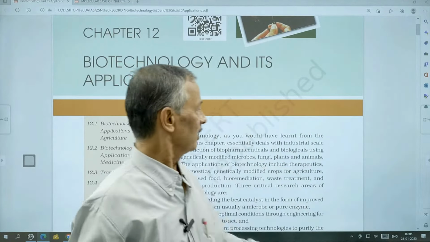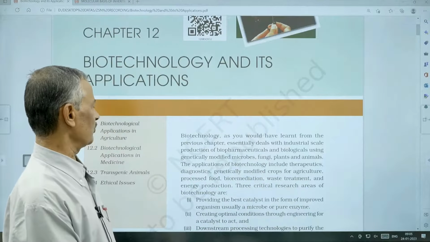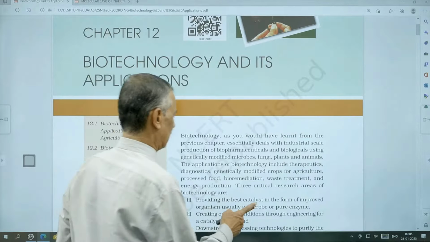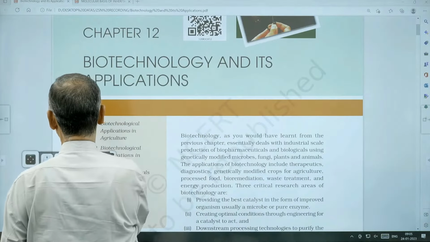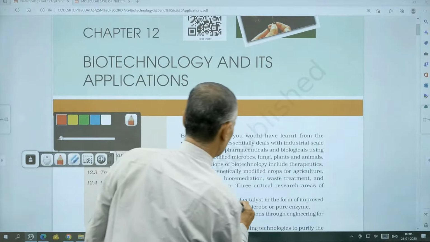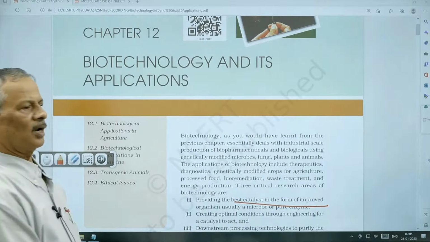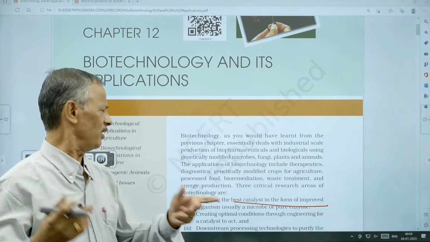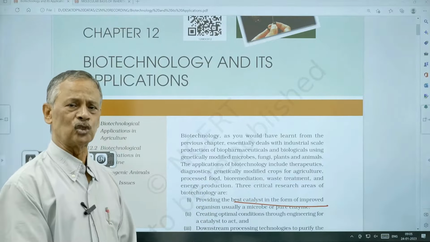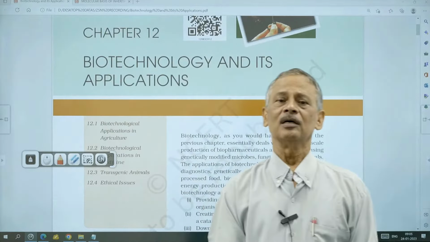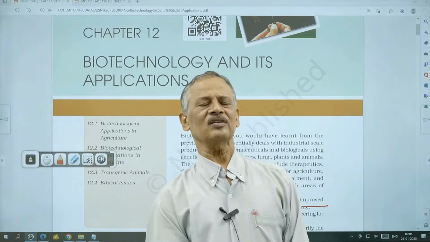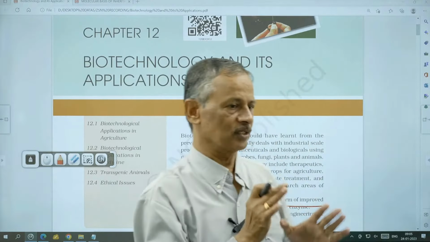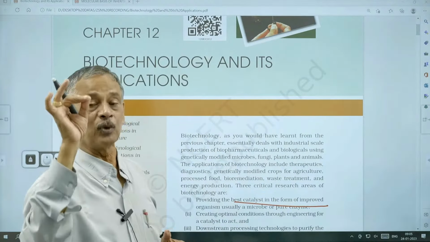Okay, and the three critical research areas in biotechnology include, one, how best we can make that catalyst perform at its optimum, how we can improve that biocatalyst, that organism, which is usually a genetically modified microbe or any other cell, so that we will get the purest form of our product or get the service in the purest form.